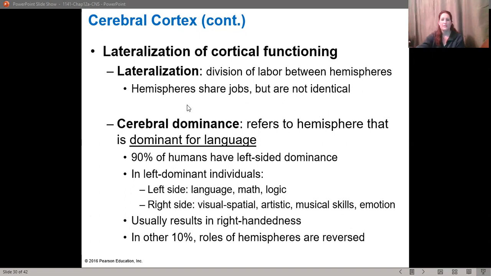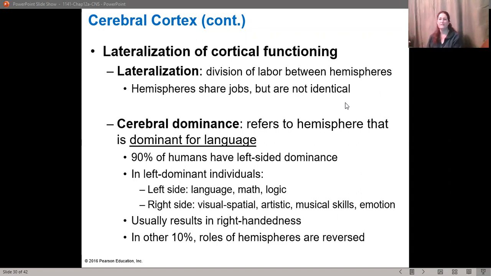So as I mentioned earlier, we have similar but not identical functions in the right and the left hemisphere. Even if we're looking at our primary auditory cortex on the right side and the left side, they're going to be getting input from the right ear and the left ear.